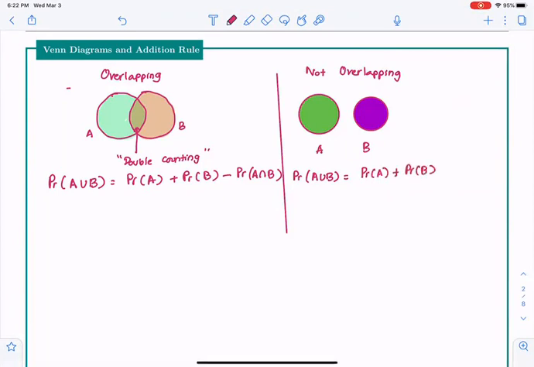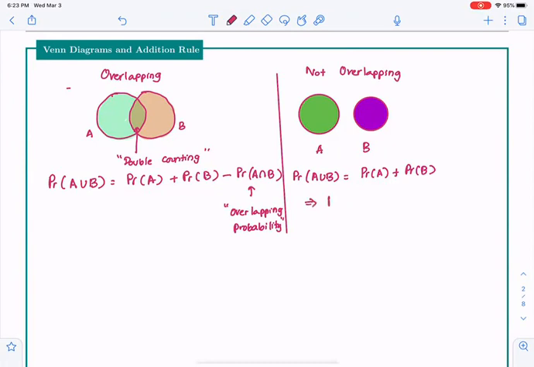You can see that there is no overlap between the two. Since there is no overlap, I have nothing to take away because I didn't count it at all. Recall that is the overlapping probability, and I took it away because I double counted it. But in the second case, there is no overlap at all, so the last part would simply be 0.